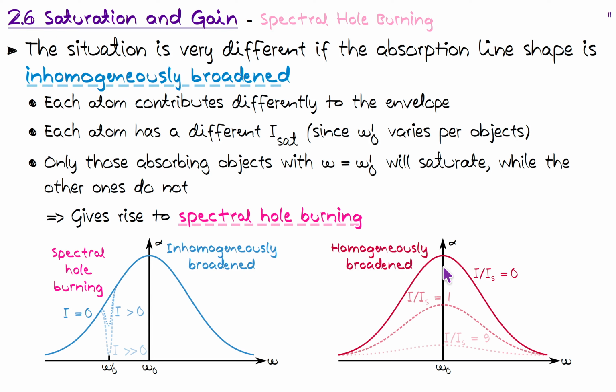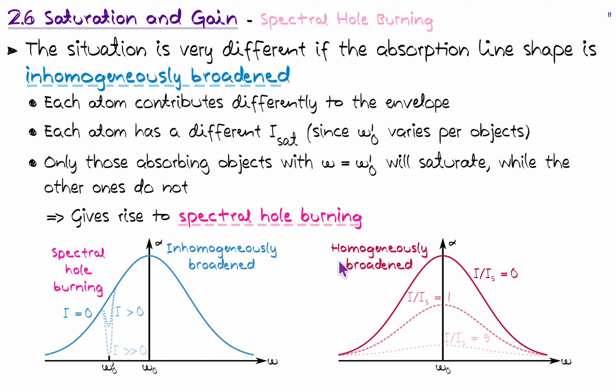Now I increase the intensity, and when the intensity equals the saturation intensity, the strength of the absorption just goes down, but it doesn't change the line shape. Ultimately, I can go all the way down into this induced transparency regime, but the line shape is not changed at all when we are considering only homogeneously broadened media.